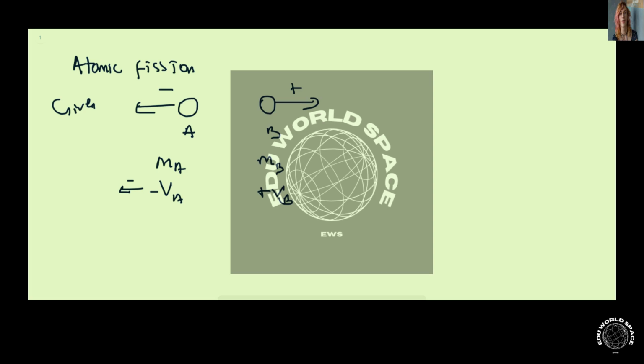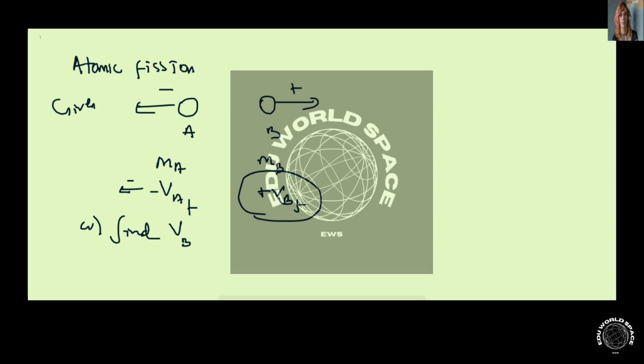So in part A, we want to find out the velocity of B. So find VB. Another thing we have to remember, these are final velocities.